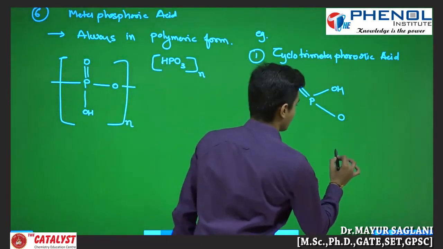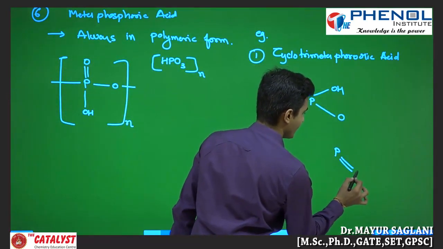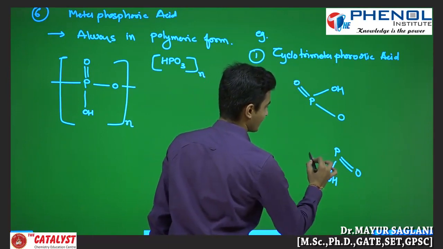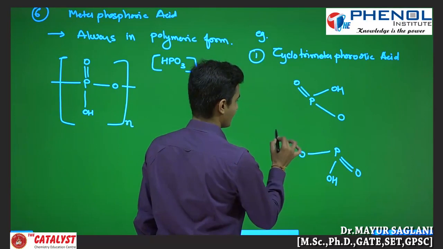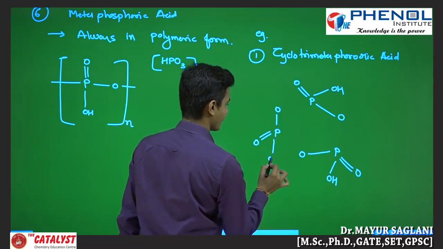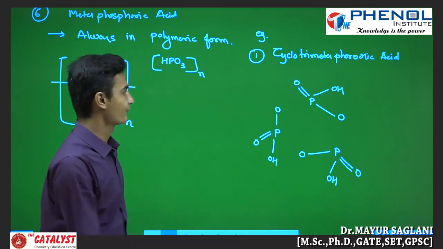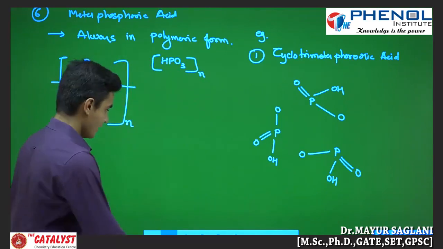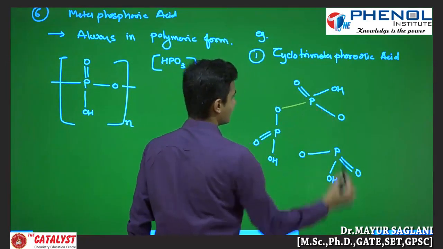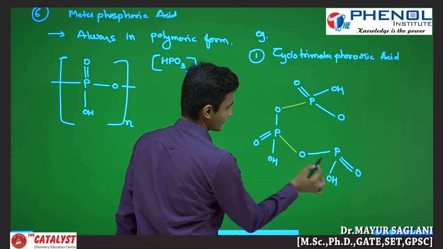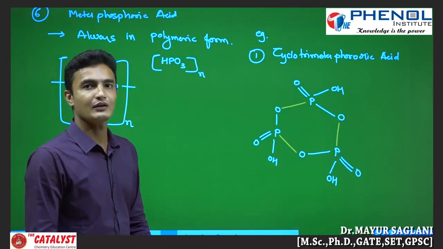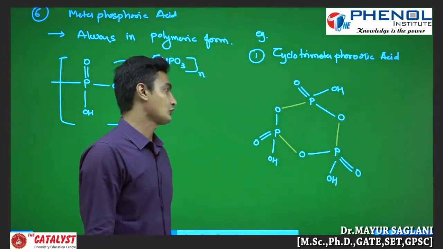I have to write 3 units. This one is the second unit, and here I am writing the third unit of metaphosphoric acid. Yes, I have written 3 units. Fine, now I will join them with each other. This oxygen is bonded with this phosphorus, and this oxygen with this phosphorus. So this one is what we call cyclotrimetaphosphoric acid.